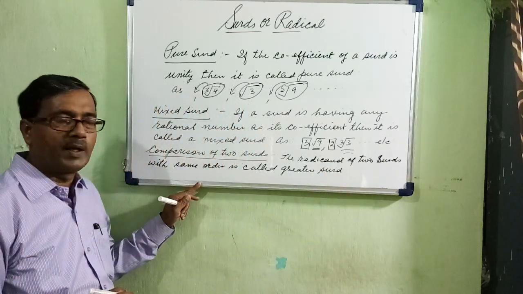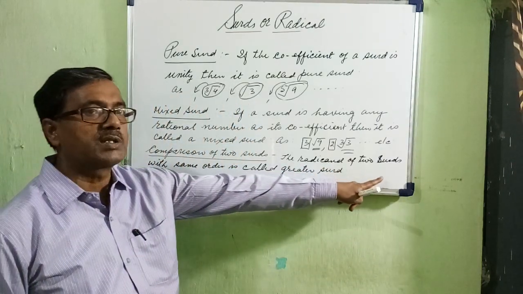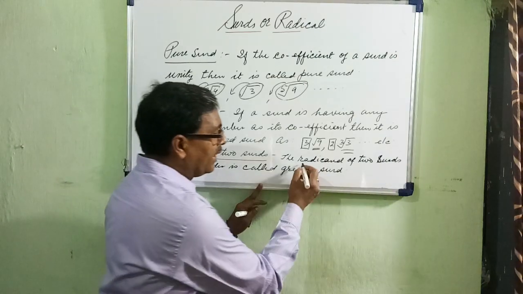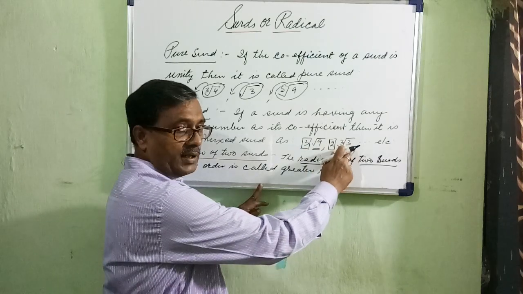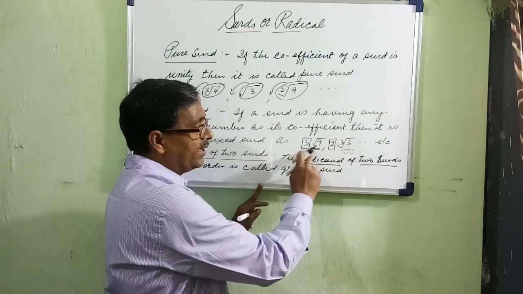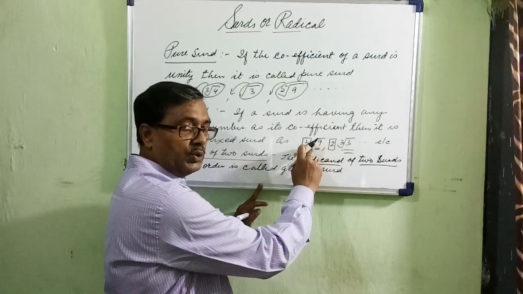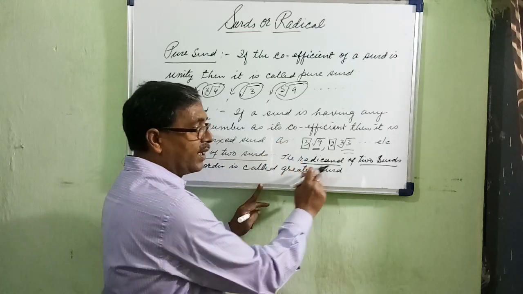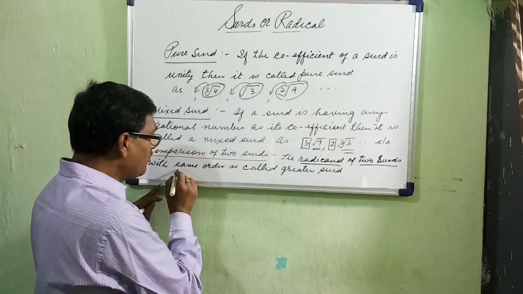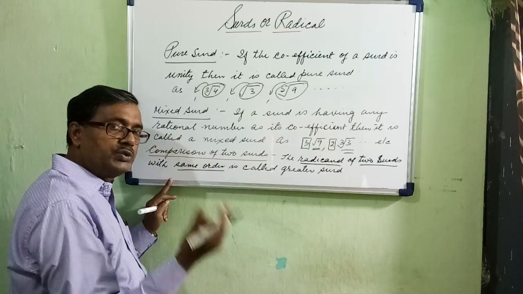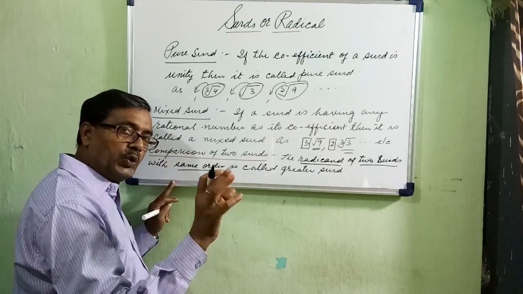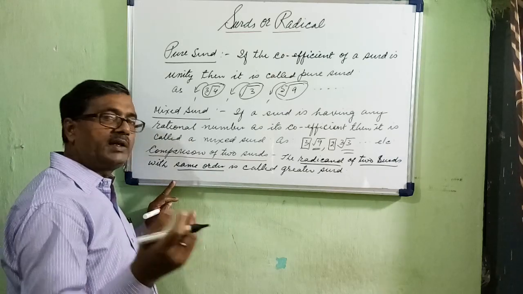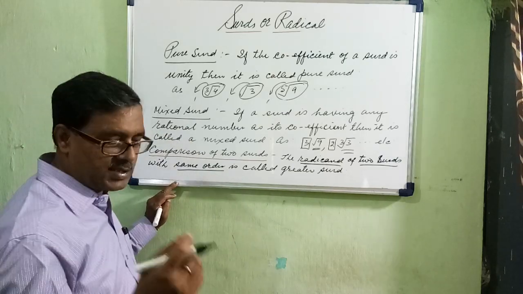Did you follow? The radicand of two surds means this is a radicand, this is a radicand. But the order here is 3, order here is 2. So it is said the radicand of two surds with the same order. If you have two surds with the same order, you can just compare whose radicand is greater, we'll call it a greater surd. I'll just give an example.